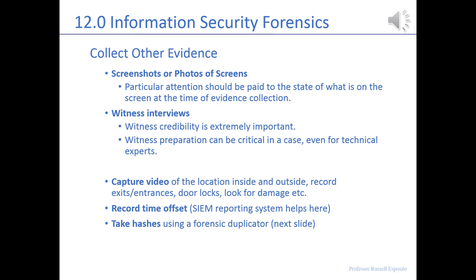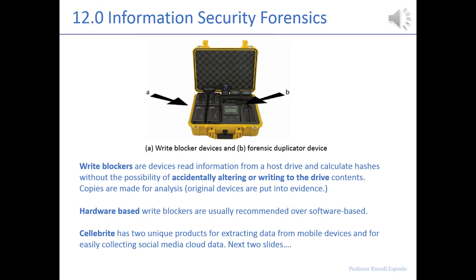So you want to take a hash of the system, and we'll show in the next slide some examples of duplicators and some other devices that are used in forensics. This is an example of a duplicator. It's also a write blocker. As you're duplicating a system, you don't want to do analysis on the evidence. The machines that were part of a crime or used by criminals need to be put into evidence, but you want a write blocker so you can make a copy, guaranteeing that you're not writing anything to the machine.